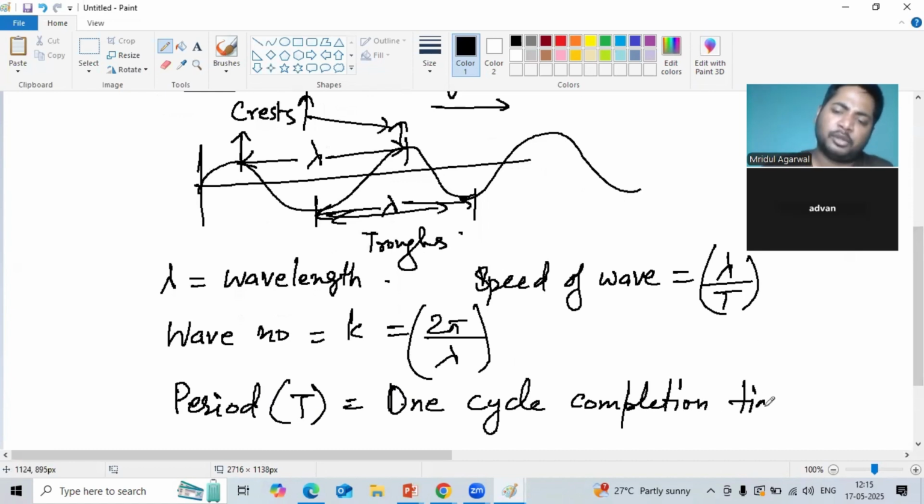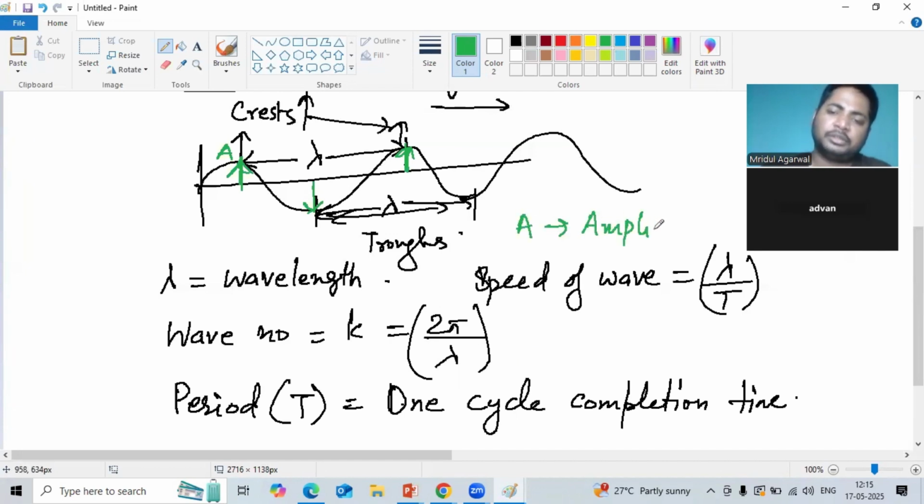Then you have one more term that is known as amplitude. Amplitude is the maximum vertical displacement from the mean position. This is your amplitude.